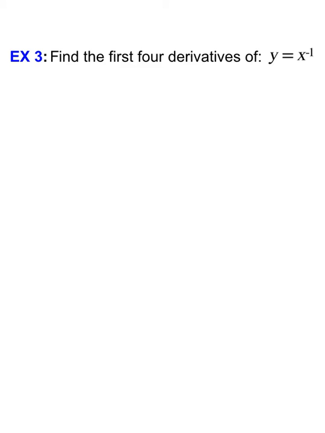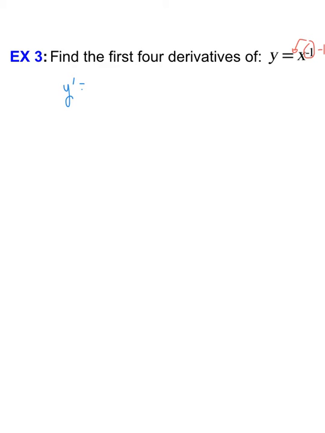So let's start off with finding y prime, since we're finding the first 4. And so essentially, remember, we're going to take this negative 1 here, swing it in front, and subtract 1 up here.